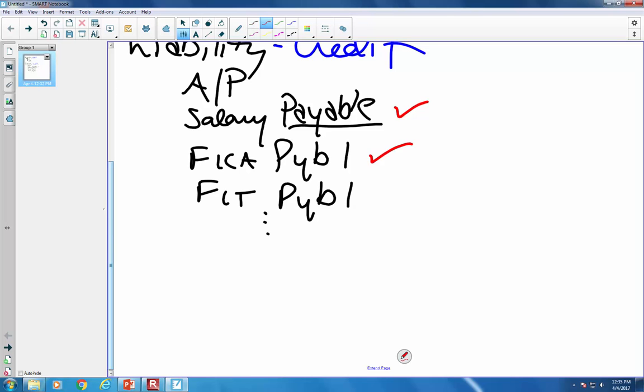Every single one of these accounts is a liability. They're recorded and tracked separately, one from the other, so that if you've got reconciliation issues, you can go in and figure out what's wrong. And it's imperative that every single one of them contains the word payable in the account title, because that indicates it's a liability and you still have to pay it to the taxing authority.